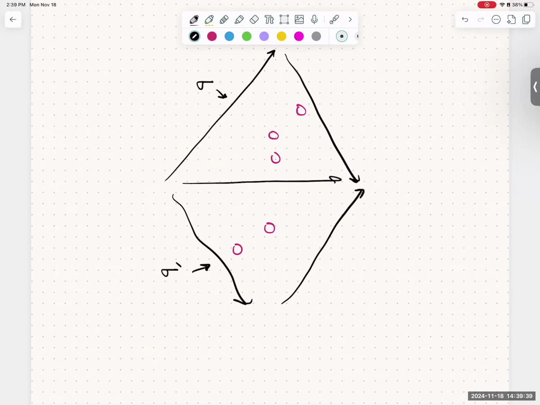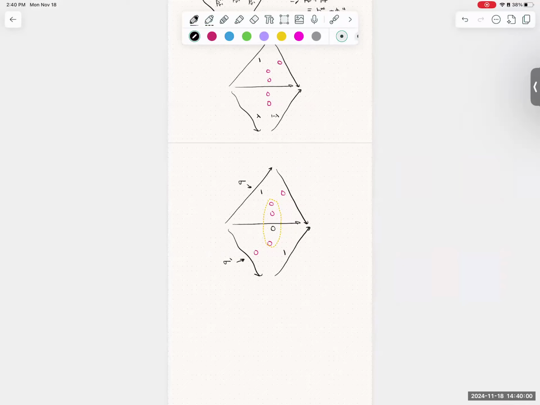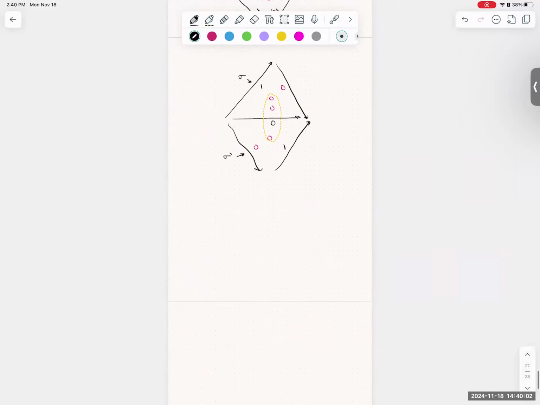Okay, so what happens now? This one is still 1. This one requires, we have an equation here. So that one, sorry, there's something wrong there. This is still 0. But now this one is forced to be 1, and this is a unique solution. So this one is in fact a vertex.